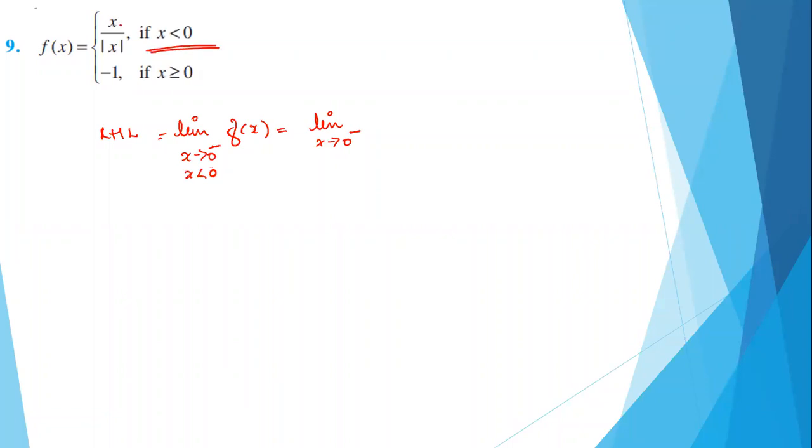When x is less than 0, we have x by mod x, correct? Yesterday I said we can put x is equal to 0 minus h. Since x is less than 0, we can take x is equal to 0 minus h. When x is greater than 0, you can take 0 plus h.